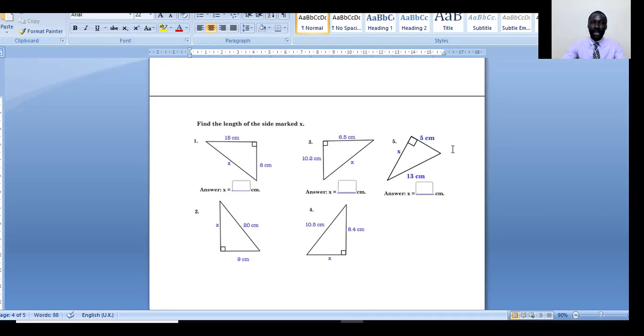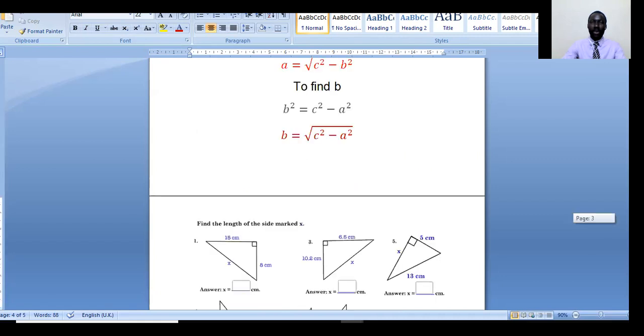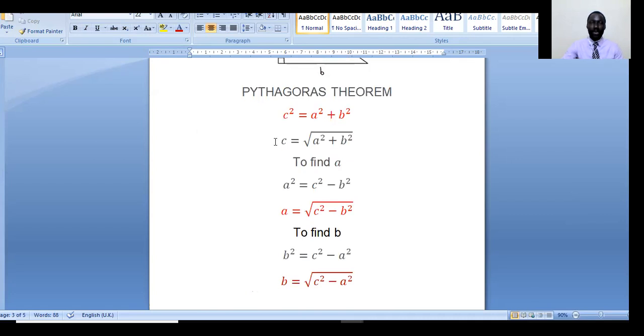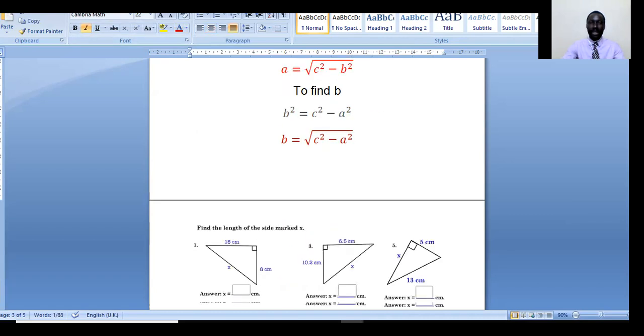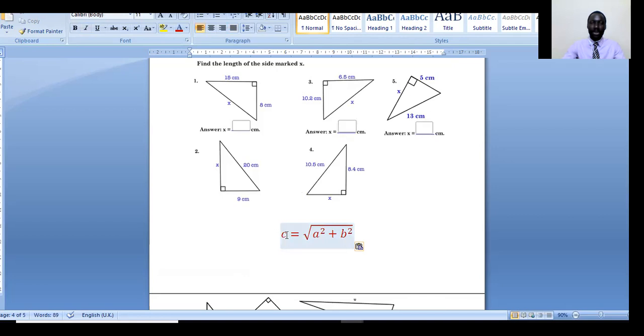Well, to calculate the first one, the longest length is X, which in our case was C. So from Pythagoras theorem, we would like to use this expression, which helps us to find C. So C is our longest length, in this case X. So for question one, the longest length is X and our longest length is C. So we just substitute, and this is now going to be X for this case.